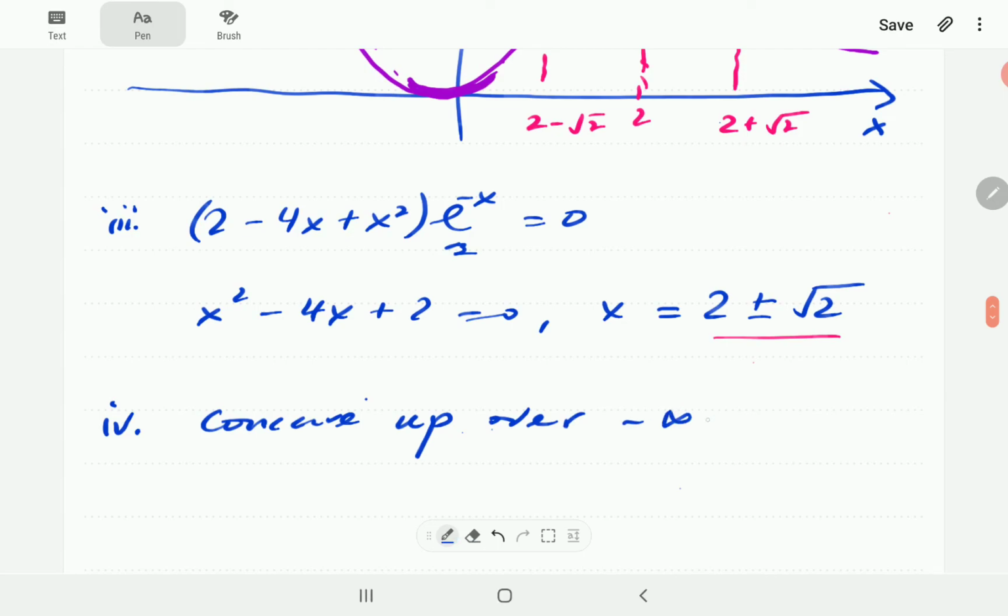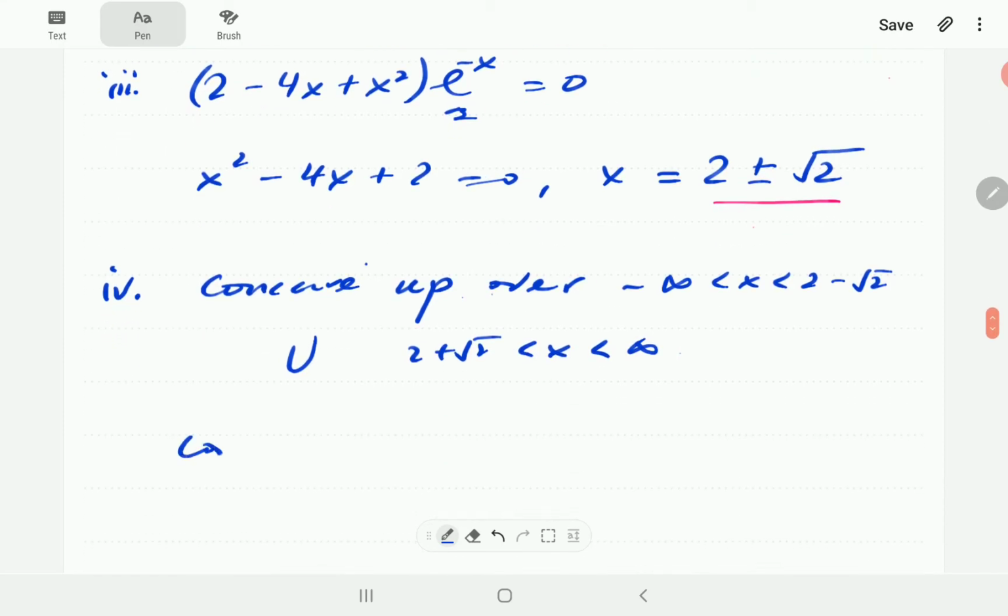So that is from minus infinity to 2 minus root 2, union from 2 plus root 2 all the way to infinity.